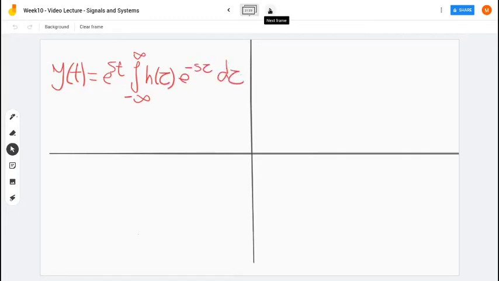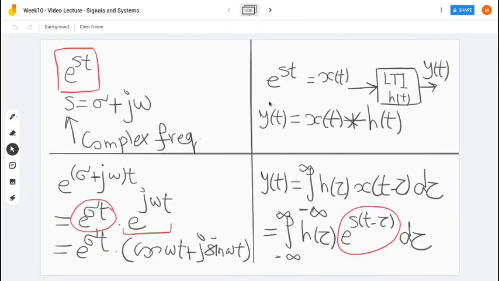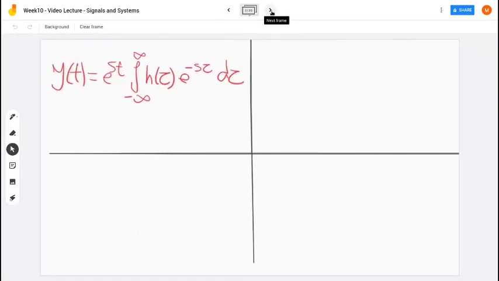So again, what we did was simply that we expanded this e to the power st minus tau into two terms, e to the power st, which is considered to be constant with respect to tau, so we moved it outside the integration, and now we'll be having h of tau times e to the power minus s tau d tau.